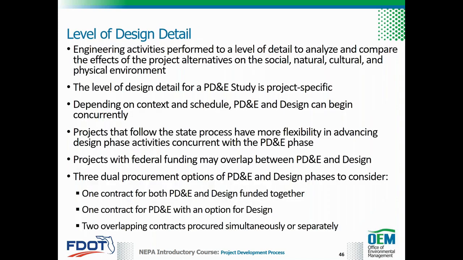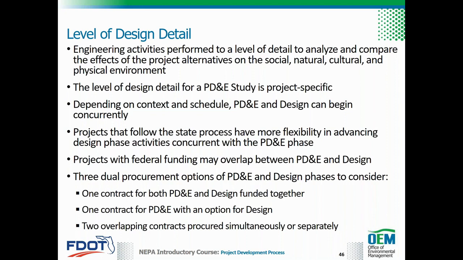Engineering activities for a PD&E study are performed to a level of detail to analyze and compare effects of the project alternatives on the social, natural, cultural, and physical environment. The level of design detail required for a PD&E study is project-specific and should be sufficient to establish preliminary geometry for the preferred alternative.